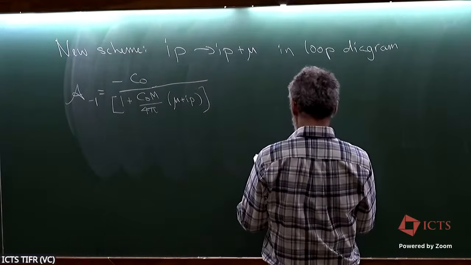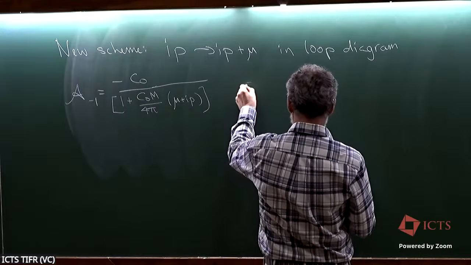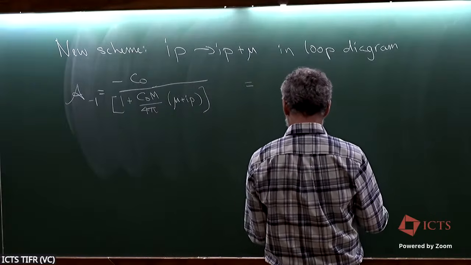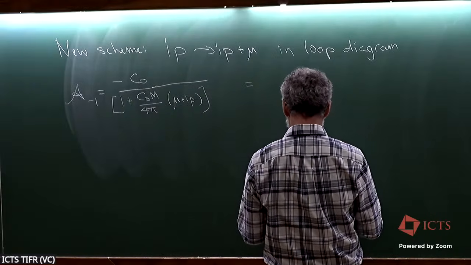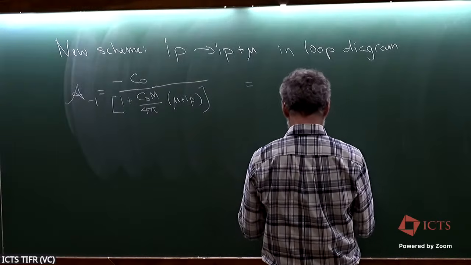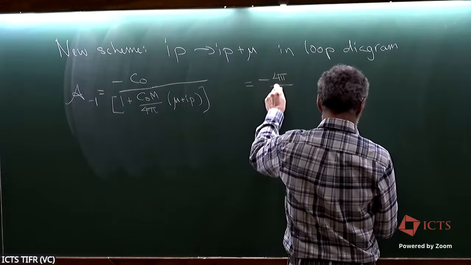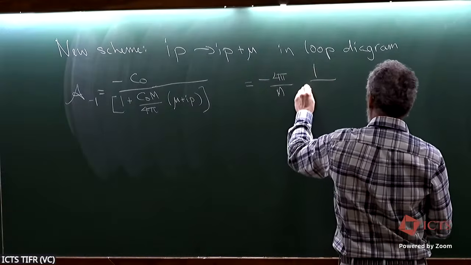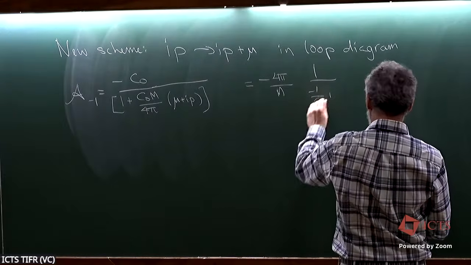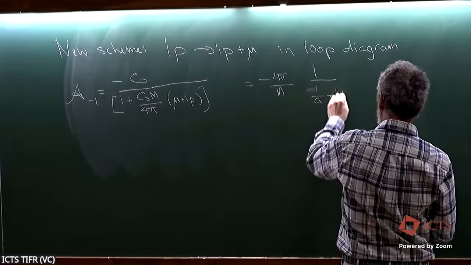And this has to match onto what we said was A minus 1, which is negative 4 pi over M times 1 over minus 1 over A plus 1 plus 1 over A plus IP.